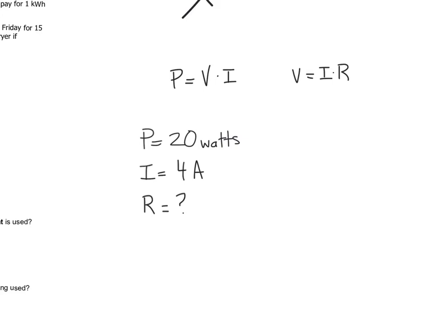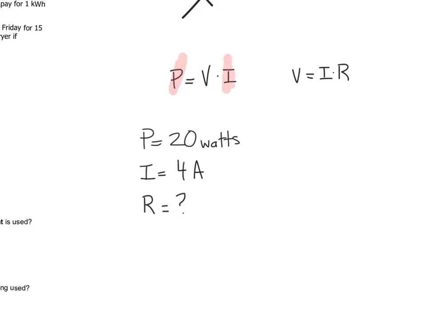So here's a bit of a practice problem I pulled up. I'm told that power is equal to 20 watts. Current is equal to 4 amps, and I want to know what resistance is. Well, I know what power is.